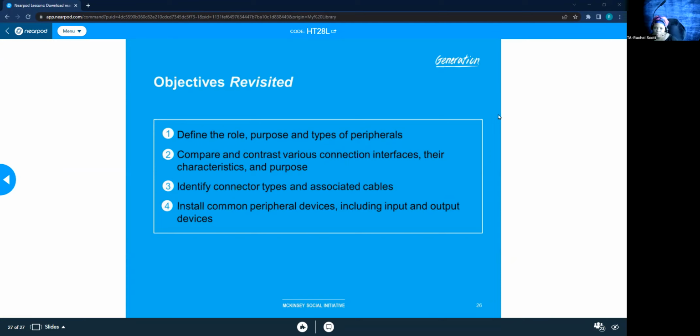I know we went through these connectors kind of fast because a lot of them are already familiar to us, but it will be a part of your daily routine to identify these connectors a little bit later on.